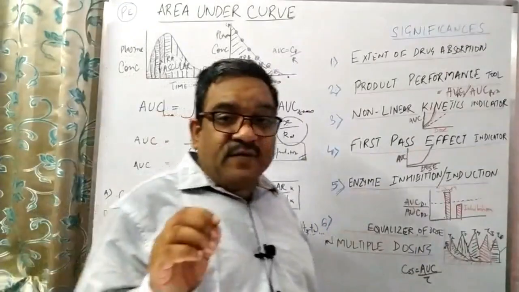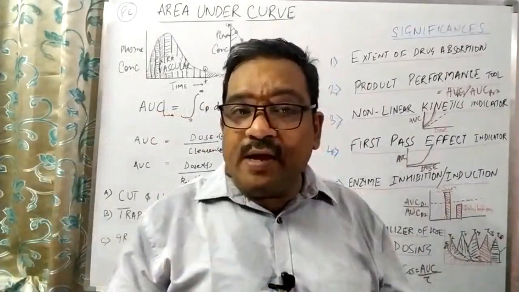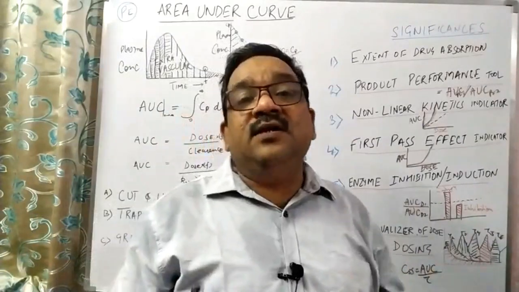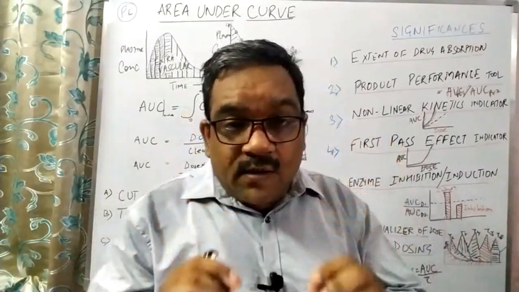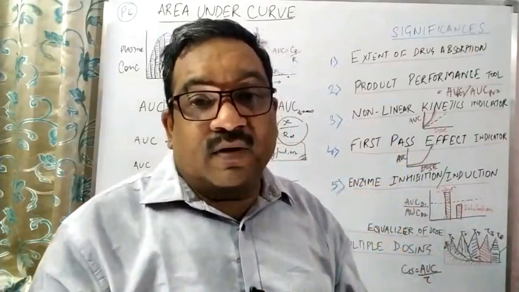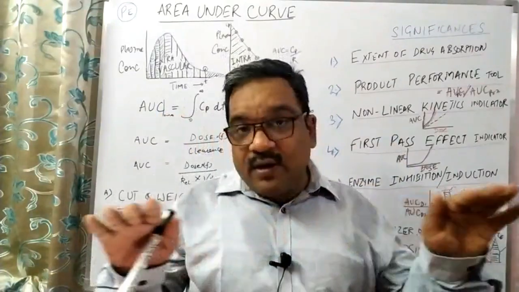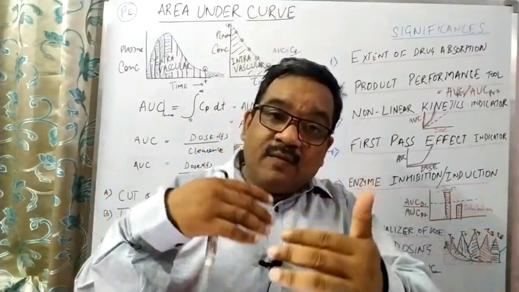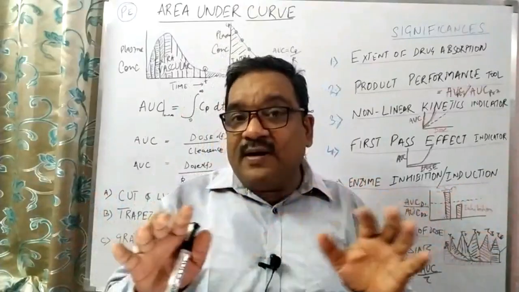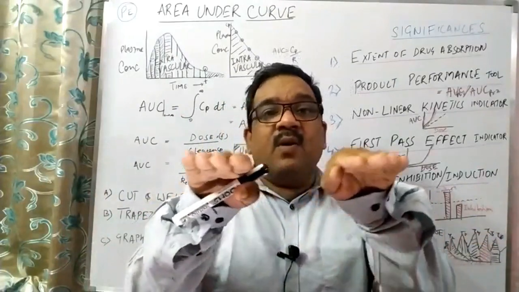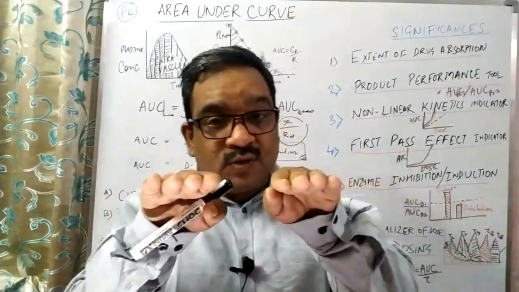The fifth important significance of AUC is when two drugs are given simultaneously and there is a chance of drug interaction. If no drug interaction takes place between the two drugs, meaning one drug is not affecting the metabolism of the other, we will observe the same dose AUC relationship.